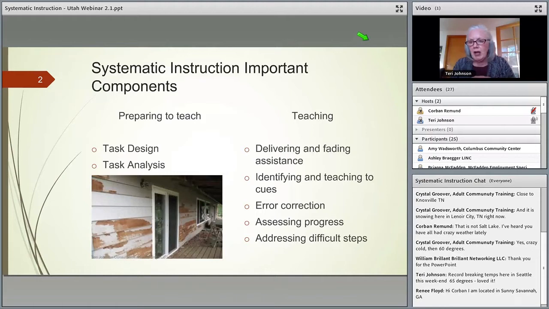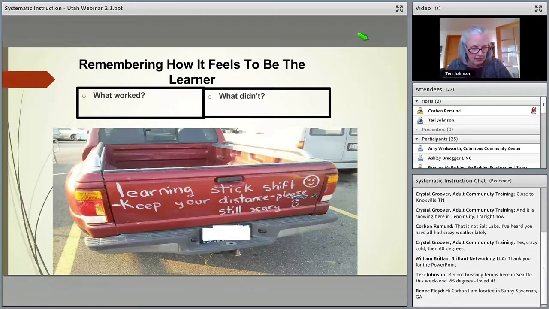And some people say, well, how much time? It's really whatever time is needed in order to understand who we're going to be working with, where we're going to be working, what is the job, how is the job done. Having that information before you move into teaching many times will contribute to your teaching being a lot more effective versus just jumping in to teach. So that's the reason for that picture.